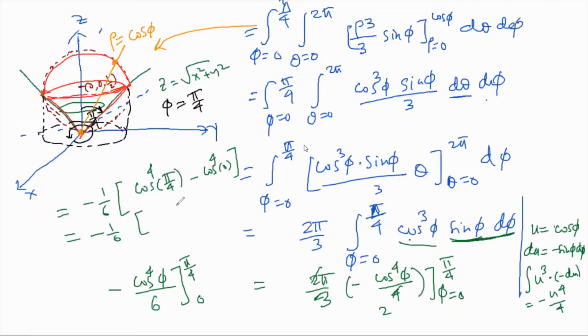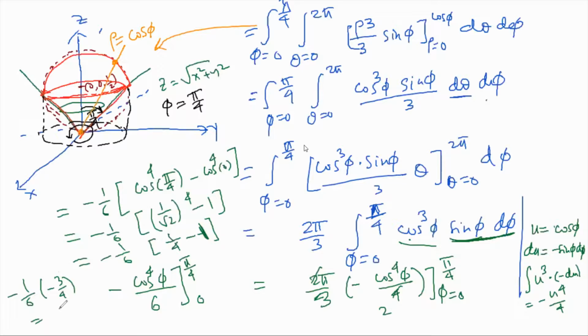So cosine pi over 4 is what? 1 over square root of 2. If you take 1 over square root of 2 squared, and let me write one more. That becomes what? Negative 1/6 times negative 3/4.